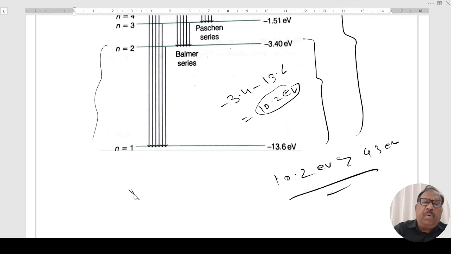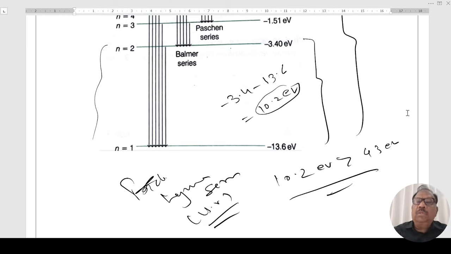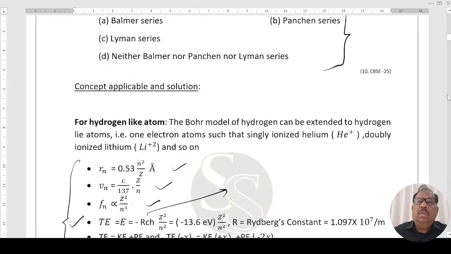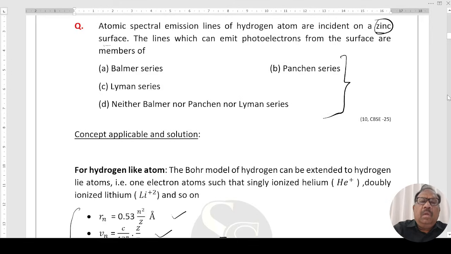So the Lyman series in the ultraviolet region is possible. Correct option is C.